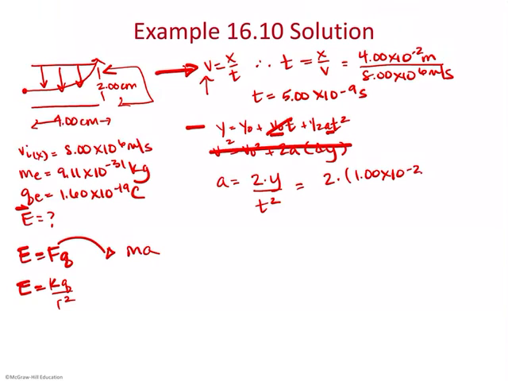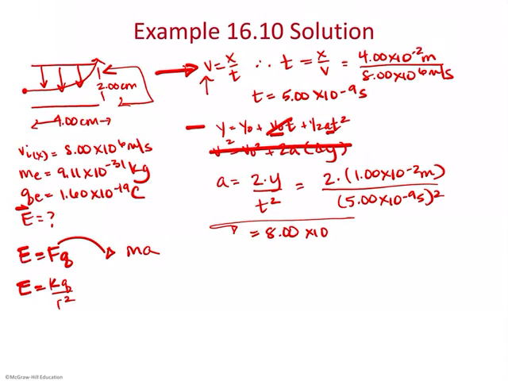So you've got 2 times 1 times 10 to the -2 meters divided by your time squared, and that's equal to 8 times 10 to the 14th meters per second squared.